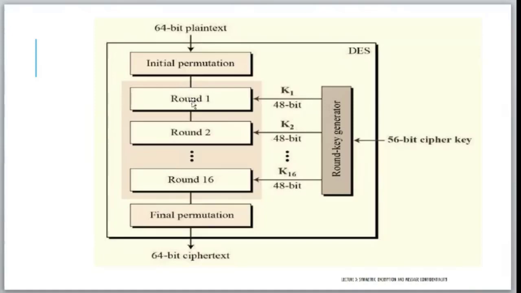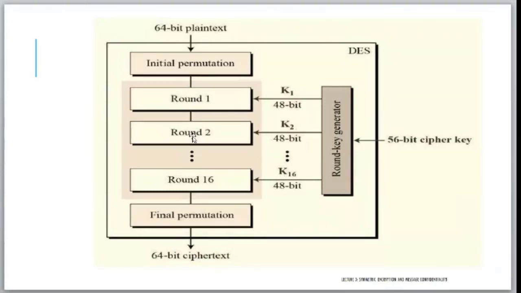The 32, I'm converting into 48. Then this is the 48. For both, I'm going to apply the exclusive OR operation. Then I'm going to again convert the 48 into 32. Now the 32 on your left, 32 on your right. So totally 64 bits.